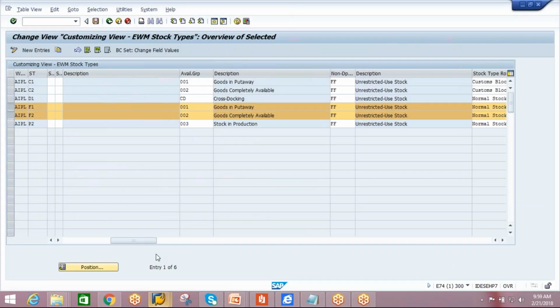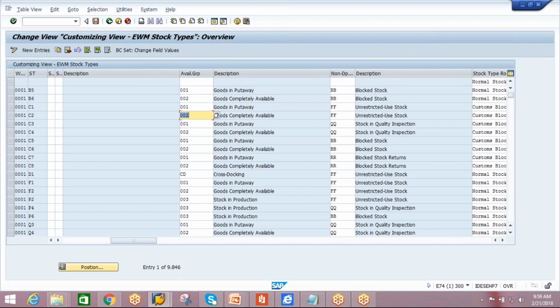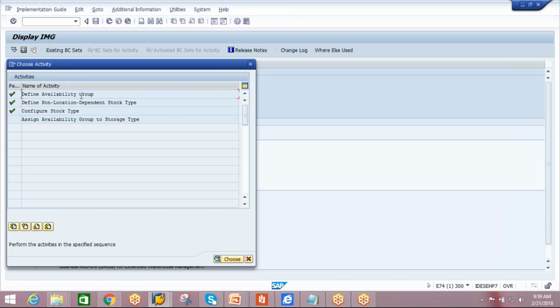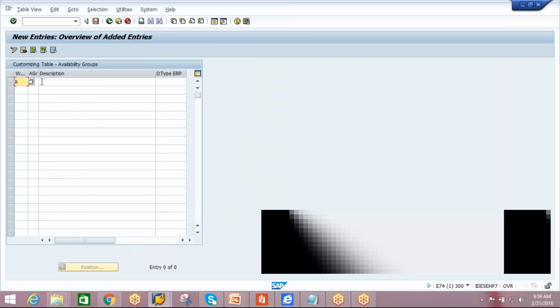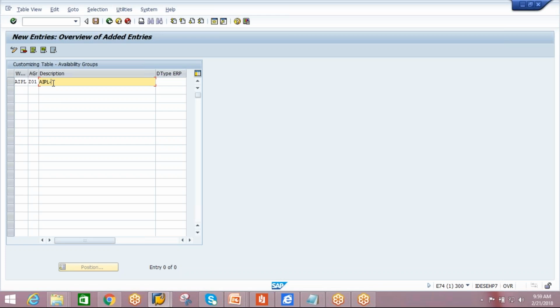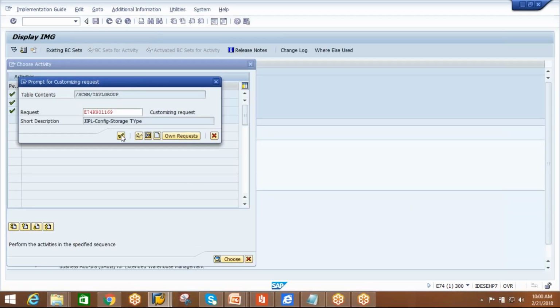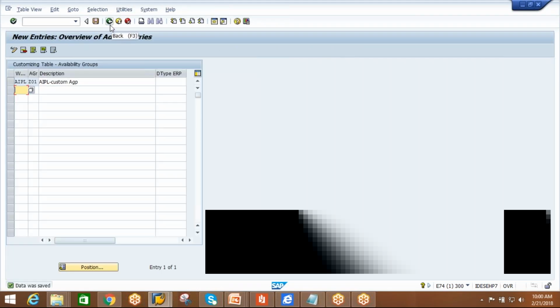Go to configure availability group. Define availability group. New entries. AIPL Z01. Custom availability group. Custom AGP. I'm creating availability groups.